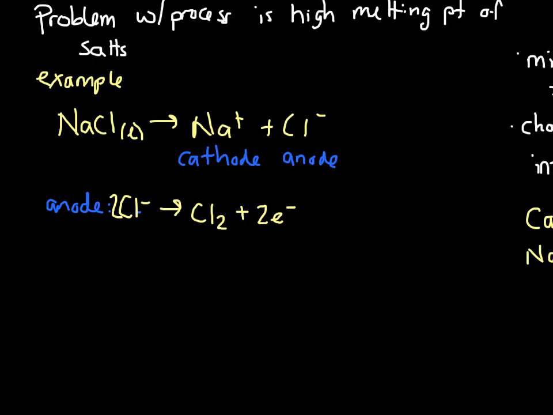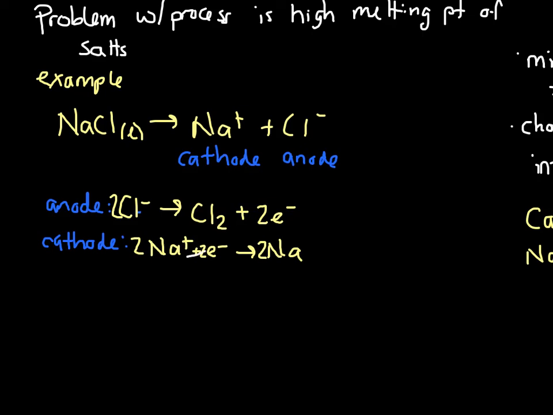What's going on at the cathode? You have sodium. Sodium is going to accept an electron to go back to its neutral state. But because chlorine has 2 electrons that it's giving up, sodium needs to be able to accept 2 electrons. So we need to make sure we balance the number of electrons through the reaction.